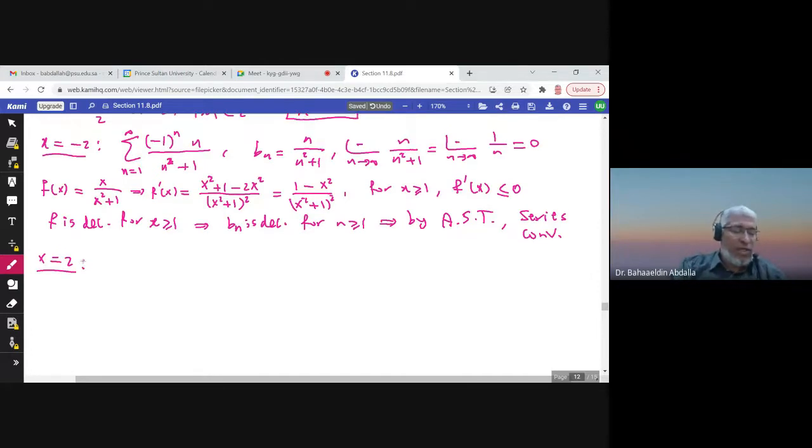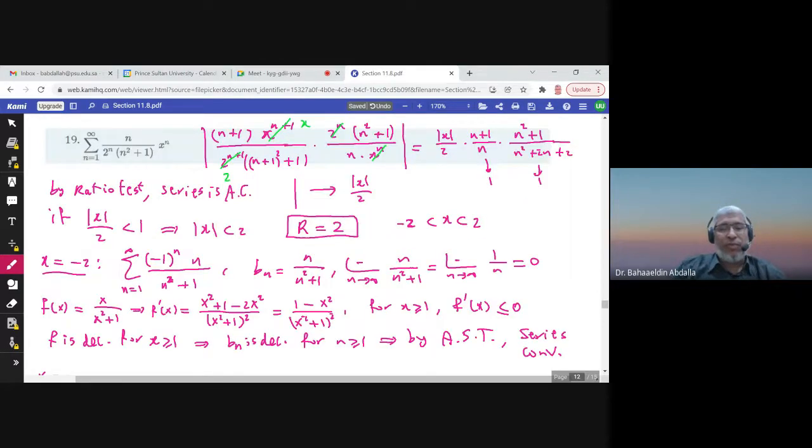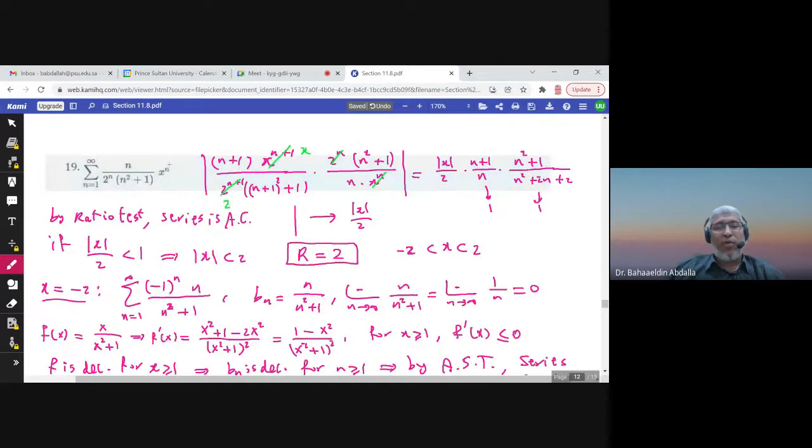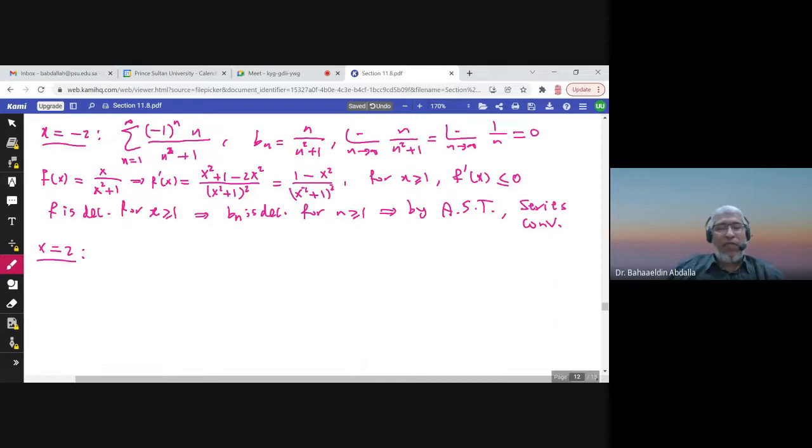If I replace x by 2, then 2 to the power n will be cancelled with 2 to the power n. And I'll have summation n over n square plus 1. And we can compare this series with Bn, which is 1 over n.